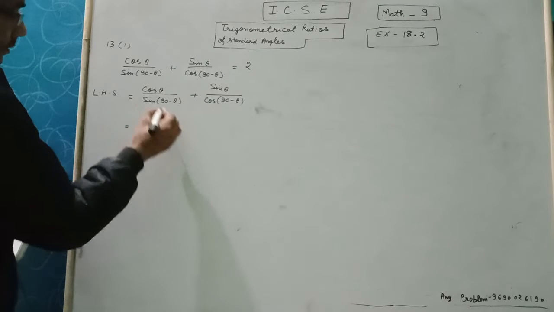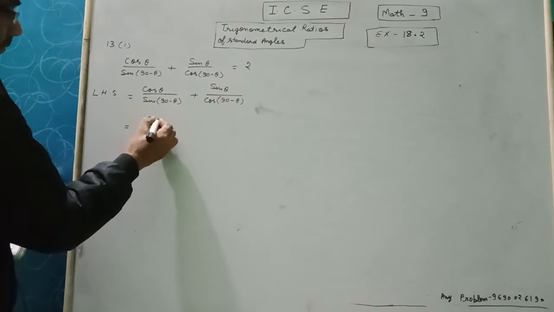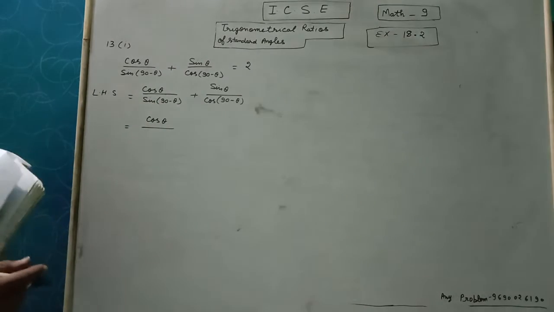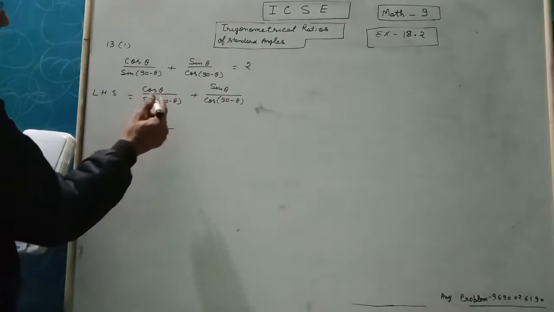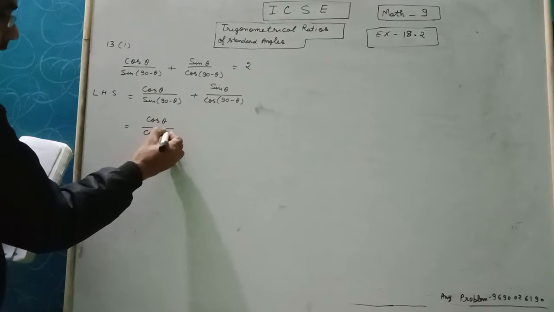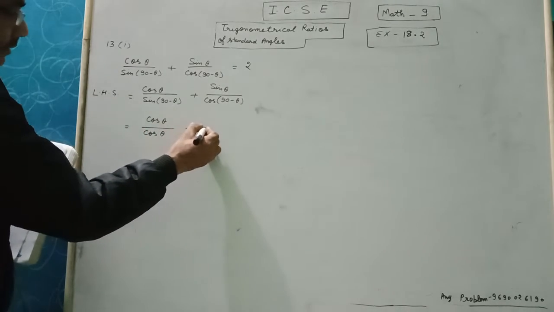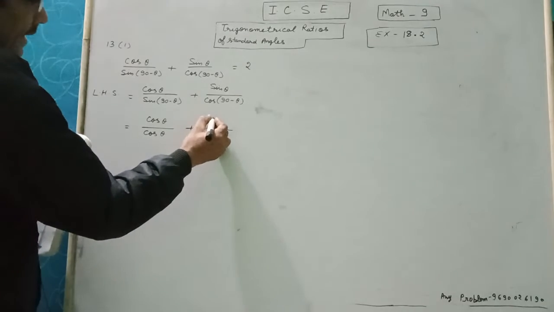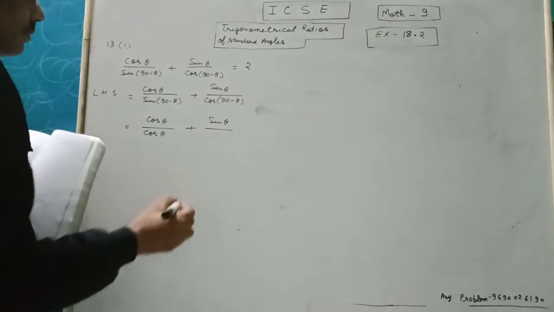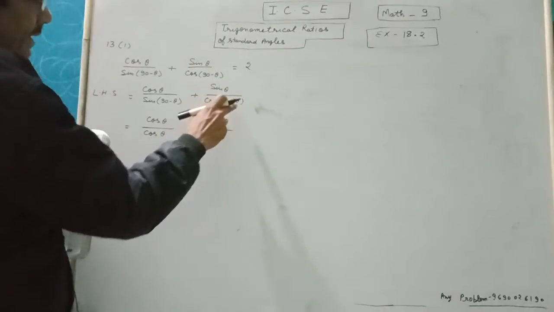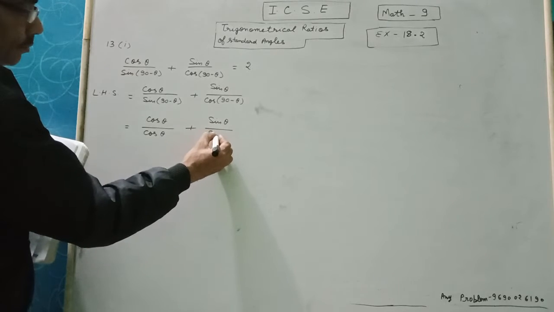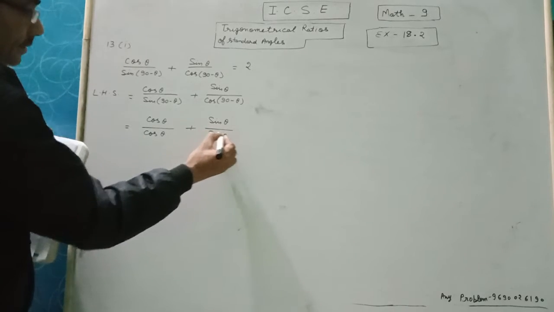Cos theta is the same; sin(90 minus theta) changes into cos theta, plus sin theta upon cos(90 minus theta) changes into sin theta.